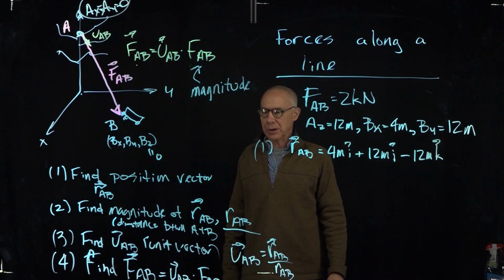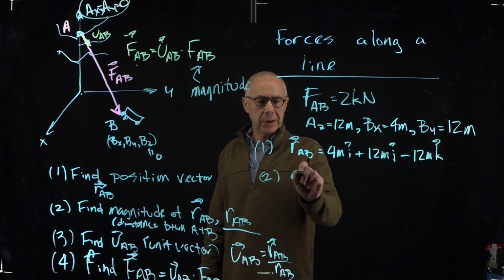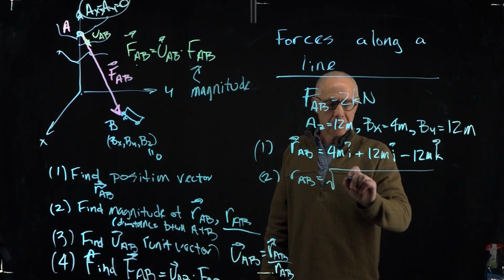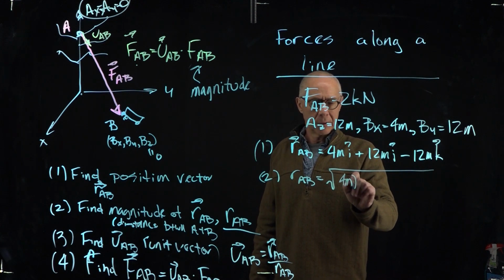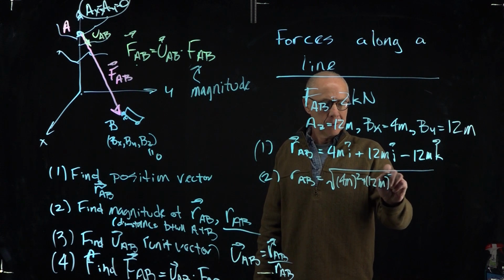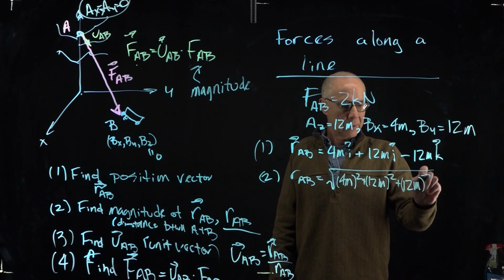Step 2, find the magnitude of RAB. So we'll do that next. RAB equals the square root of 4 meters squared plus 12 meters squared plus 12 meters squared, right?